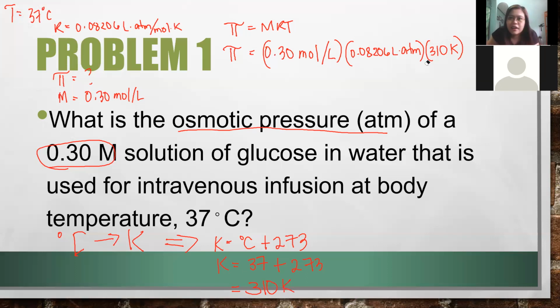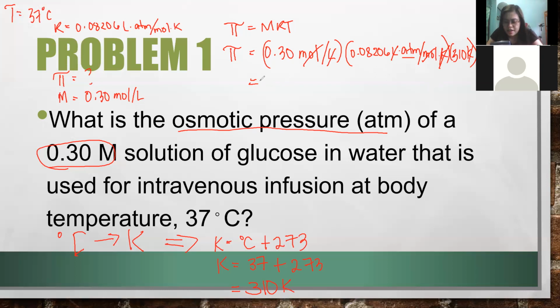The mole cancels, the liter also cancels, and then the Kelvin also cancels. So take note, ang maiwan na unit is ATM. So that's the unit of pressure. Remember that we are computing for the osmotic pressure.